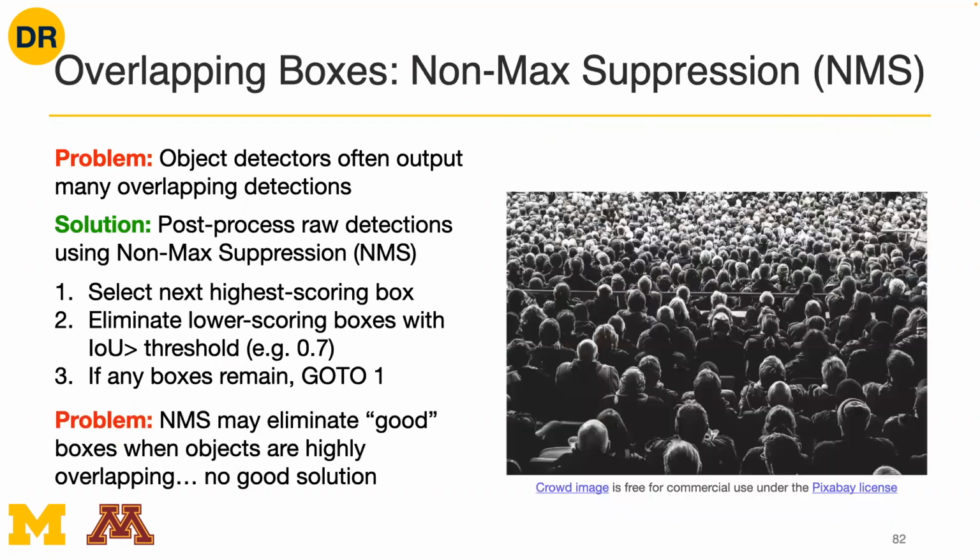Okay, but the thing is, this non-maxima suppression may also eliminate good bounding boxes if your scene is highly cluttered, meaning it's highly likely that you will see so many overlapping bounding boxes. There is no good solution, and I think it depends on the application as well.